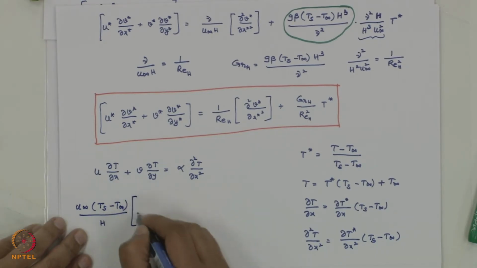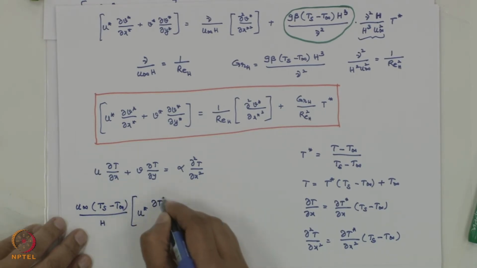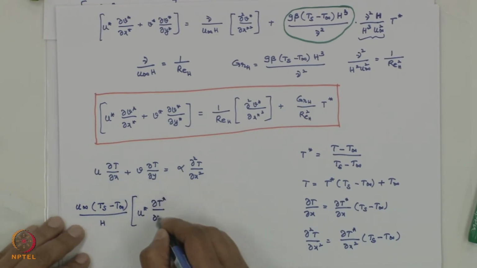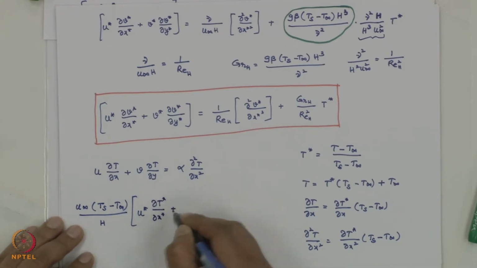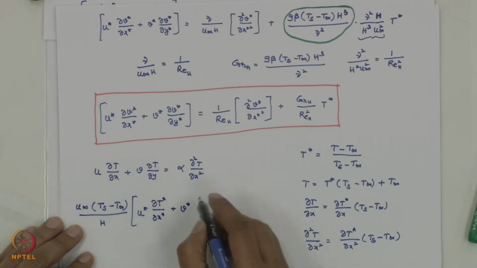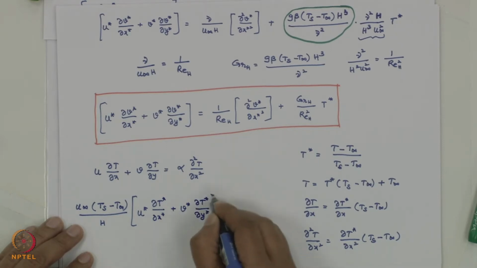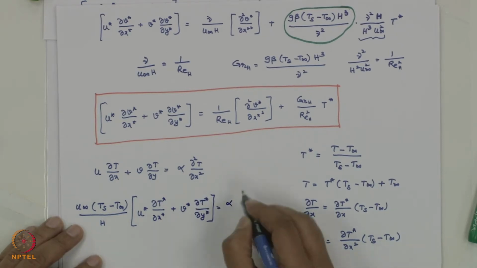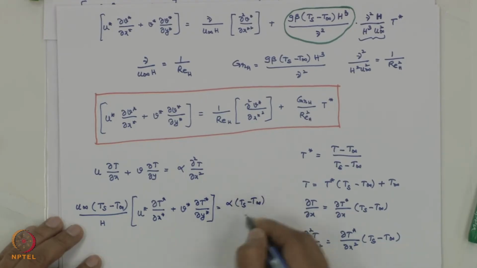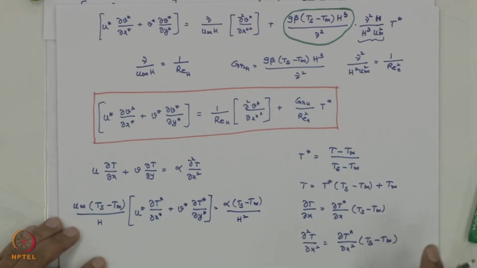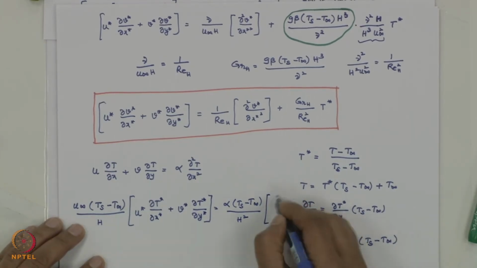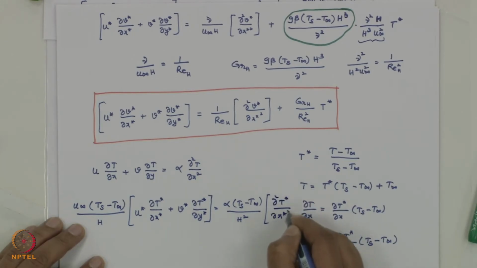So you get u star del t star by del x star plus v star del t star by del y star is equal to alpha into Ts minus T infinity upon h squared into del squared T star upon del x star squared.